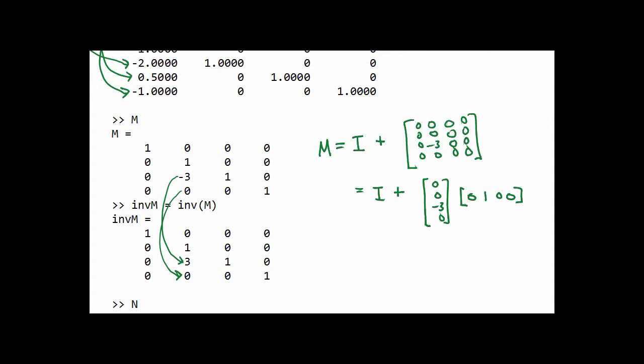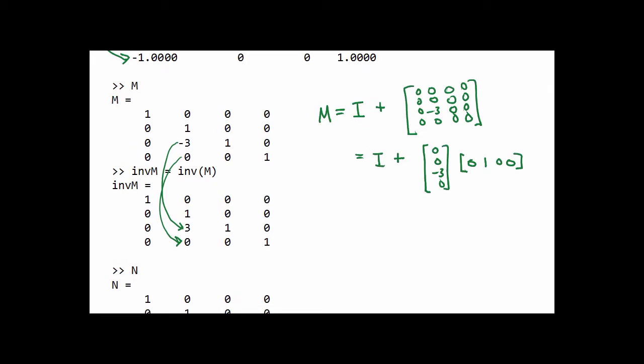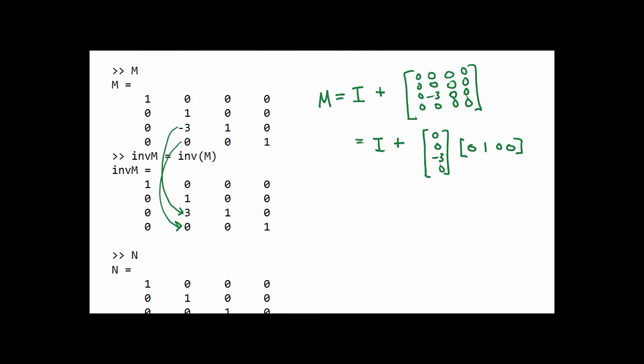If you compare the outer product of those two, it's pretty clear: 0 times that row, 0 times that row, -3 times that row gives us the -3, and then 0 times that row again on the bottom. And now we can just write that as I plus some vector, I'll call it V, times e2 transpose, where e2 is a column of the identity matrix. It's the second column of the 4x4 identity, transposed.